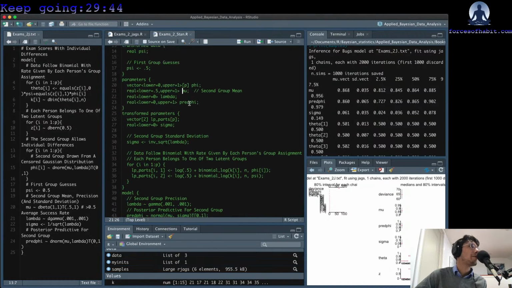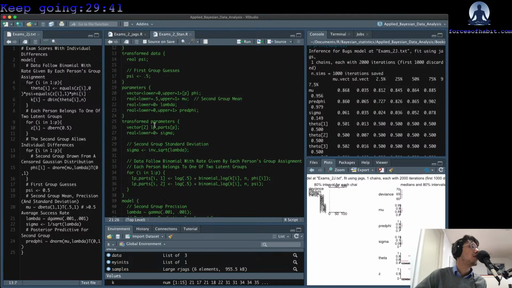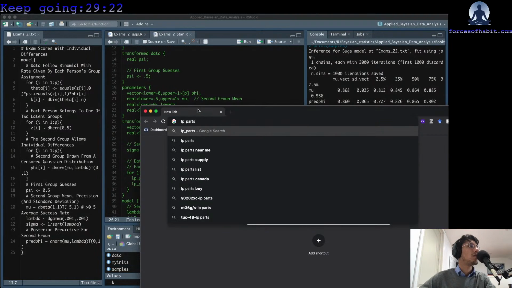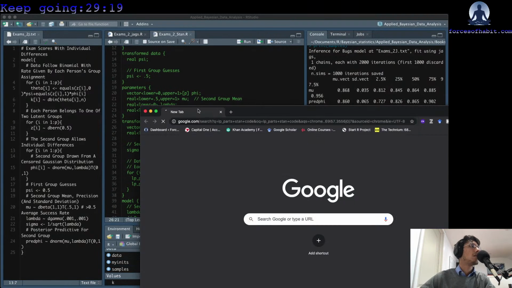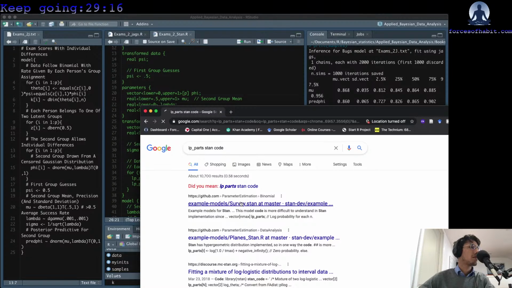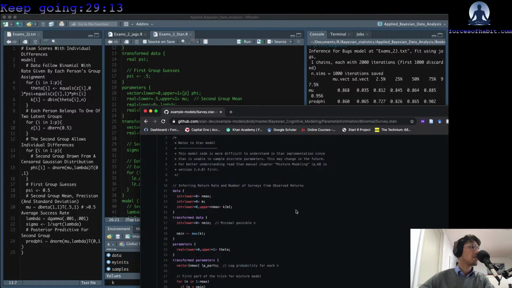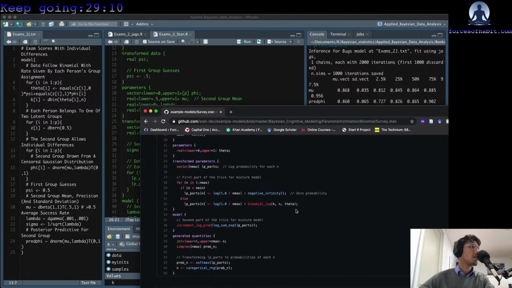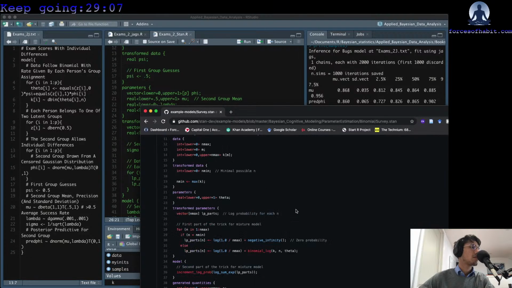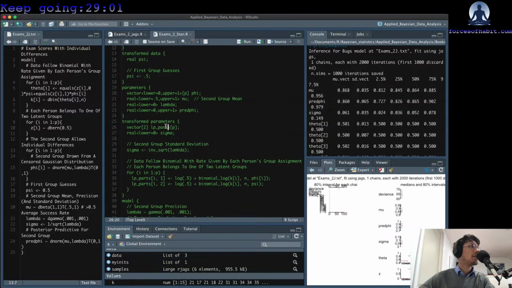Now we're going to transform some of these parameters. So it looks like vector 2, LP parts P. So we have a vector of size 2 and LP parts P. I don't know what that means. Log probability.